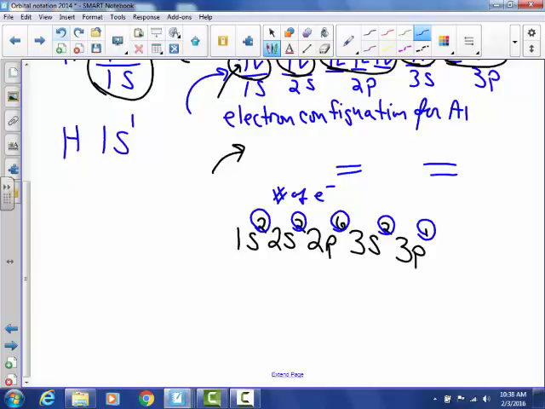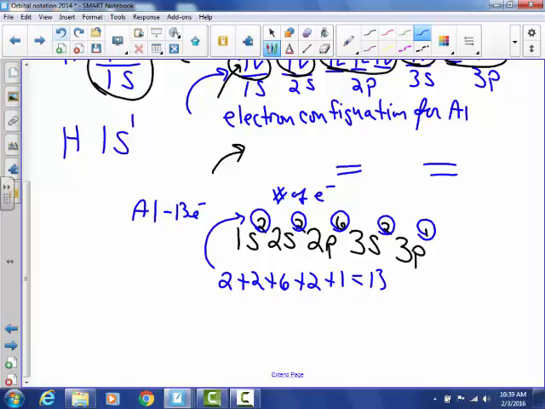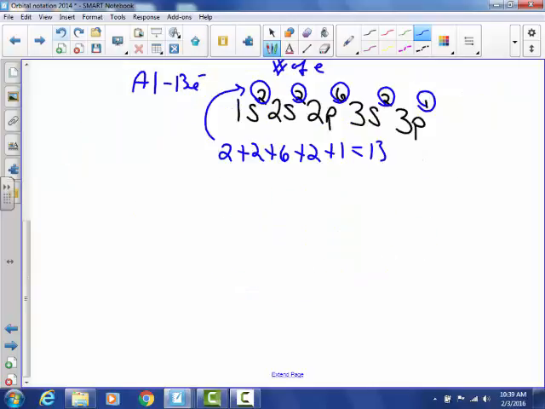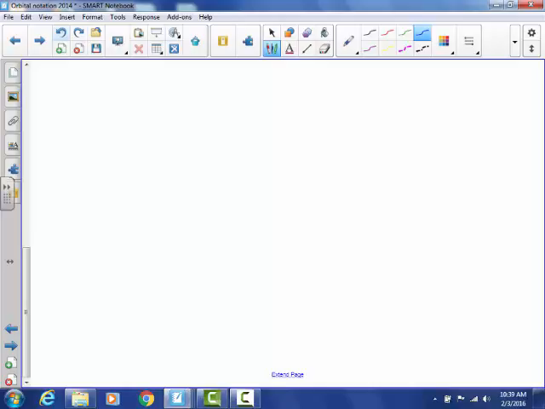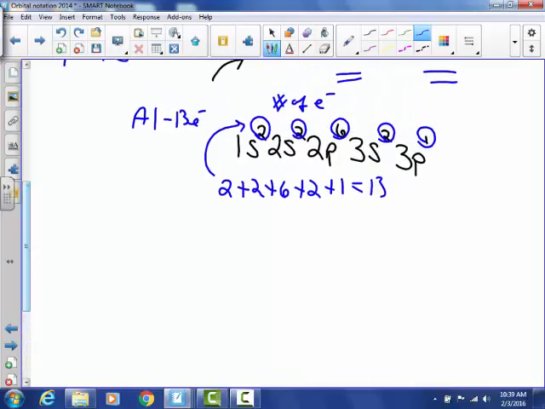So, if aluminum has 13 electrons, then 2 plus 2 plus 6 plus 2 plus 1 has to be 13. So these numbers up here on top are essentially your numbers of electrons, and they are superscripted. So, let's just start practicing with these.